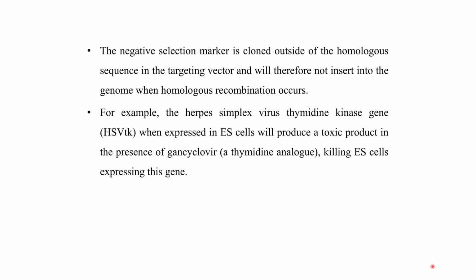To summarize negative selection in simple terms, let's say in a gene knockout experiment, a gene conferring resistance to a specific drug or an antibiotic is introduced along with a gene knockout construct. Cells containing the introduced construct are subjected to selection pressure. The pressure usually involves the application of a drug or antibiotic for which the introduced selection marker provides resistance.